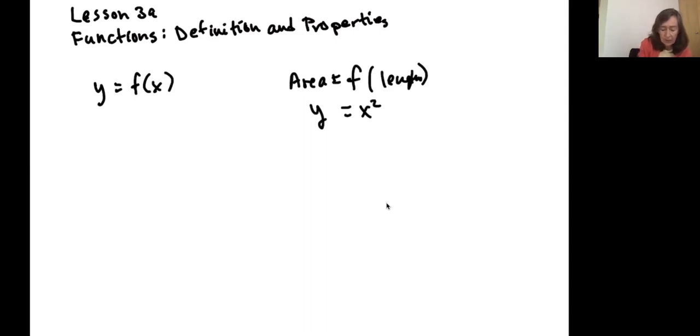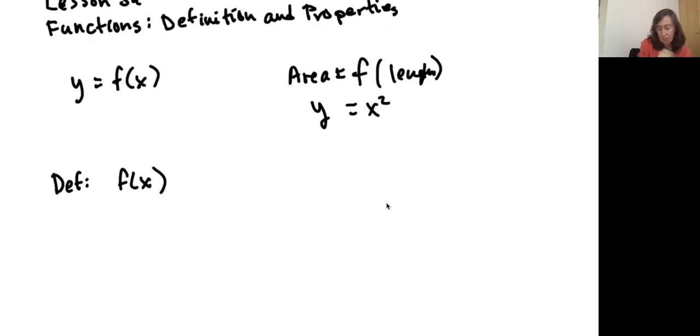A slightly more precise definition would be, let's say f of x equals y. So that's a relationship between x and y. And two things need to be true for that relationship to count as a function.